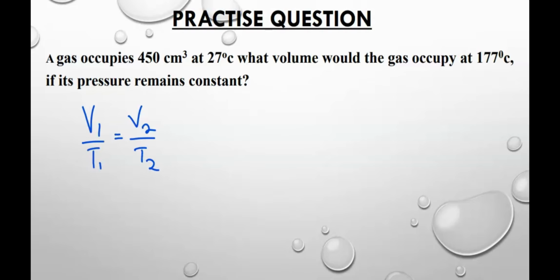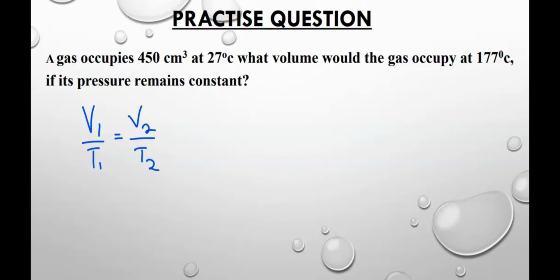Now, since we have the temperature in degrees Celsius, we must convert it to absolute temperature, that is in Kelvin. There is a video that I posted on how to convert degrees Celsius into Kelvin.